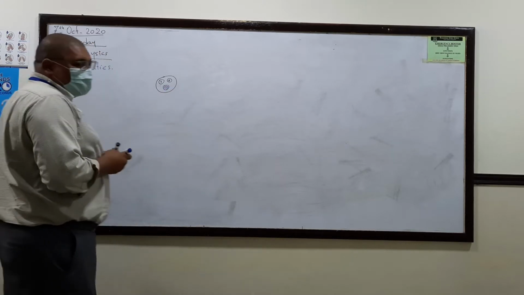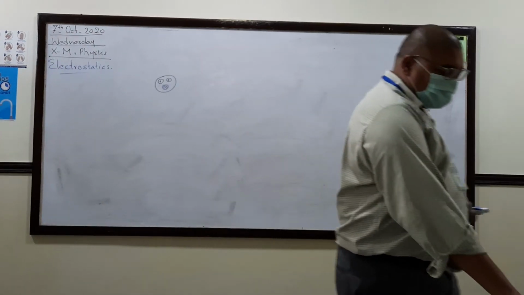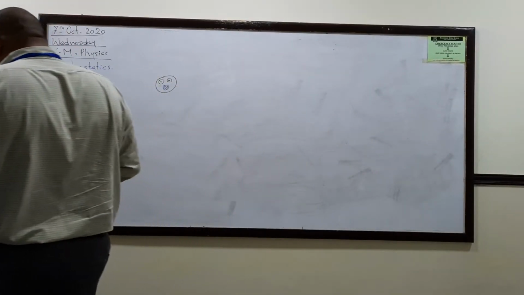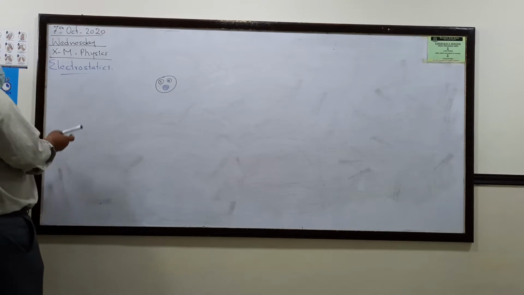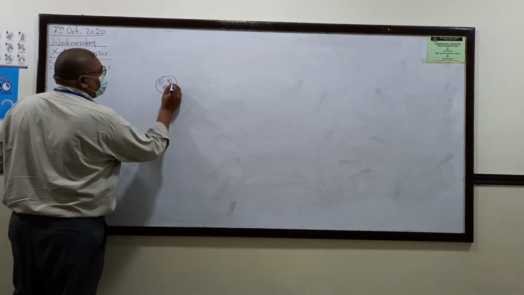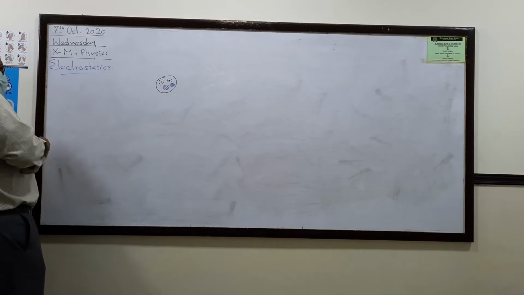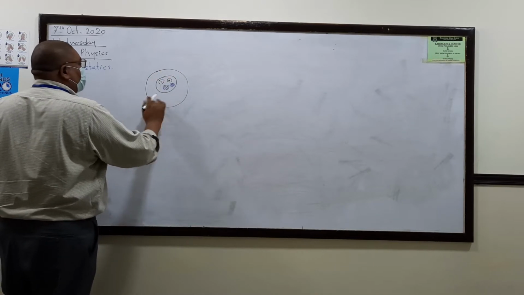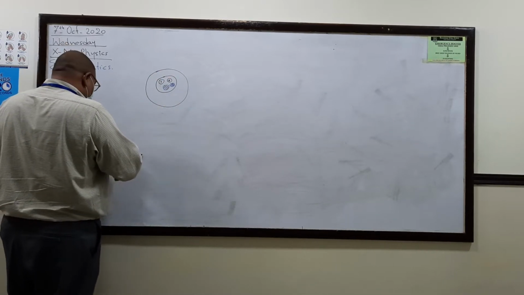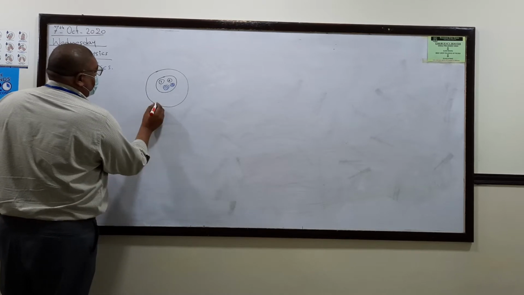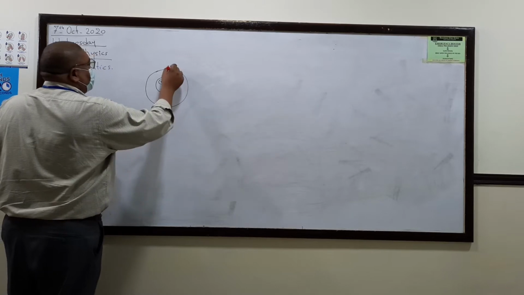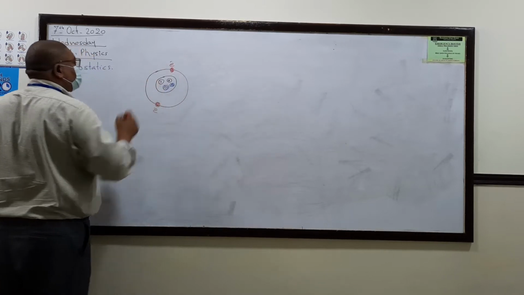For example, if this represents a nucleus, here I have a nucleus which has two protons and two neutrons. And there are electrons, and those electrons are orbiting around the nucleus. This is called an electron, it's negative.